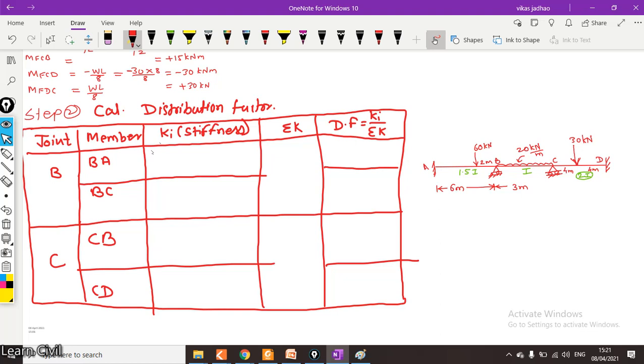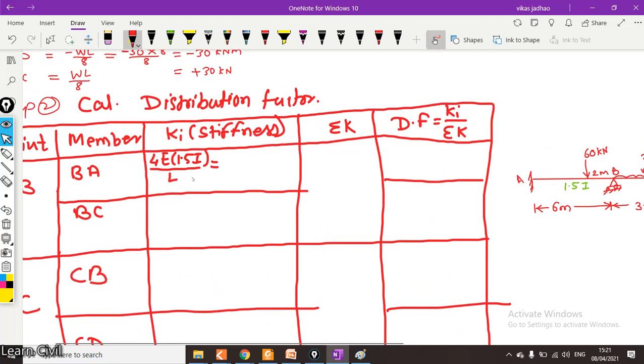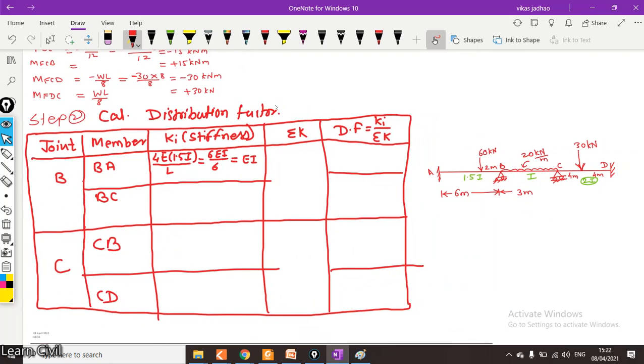Therefore, 4E, with moment of inertia 1.5I, divided by L, which is 6 meters. So 4 into 1.5 EI divided by 6 is equal to EI. So the stiffness for member BA is equal to EI.